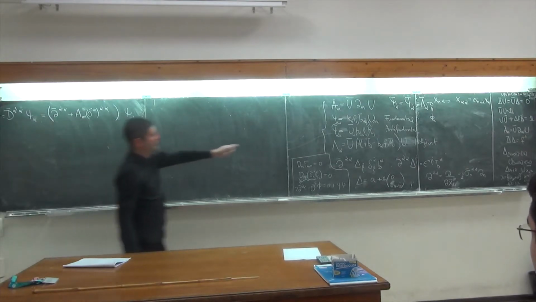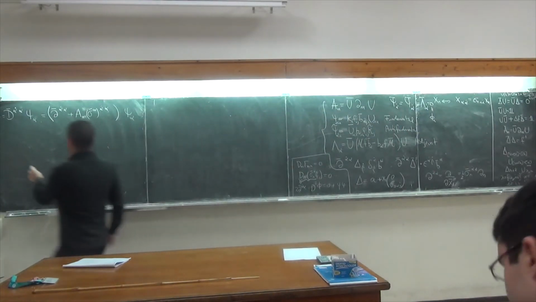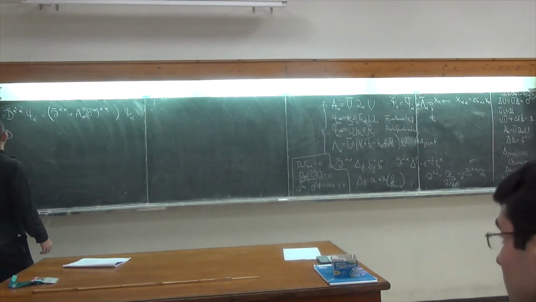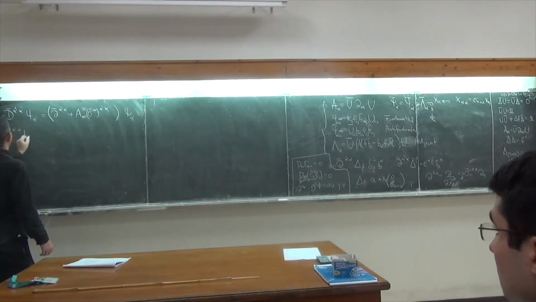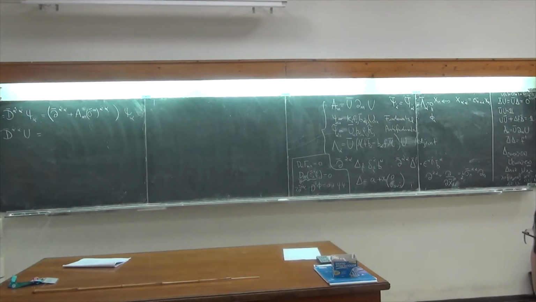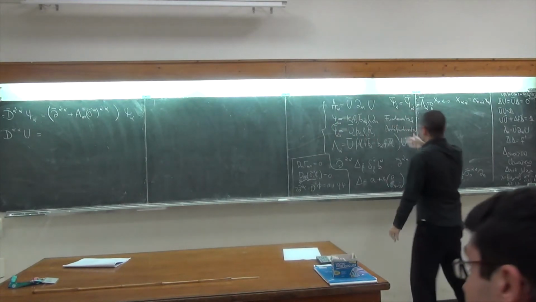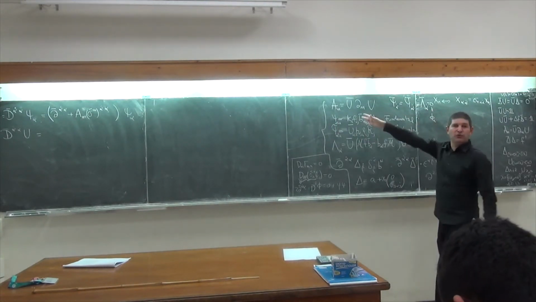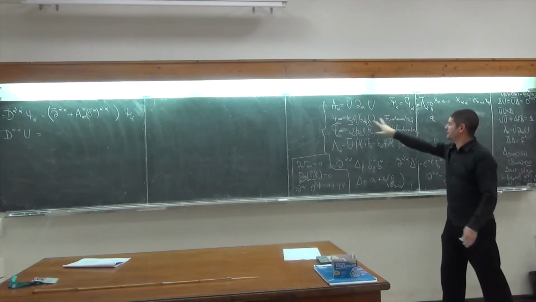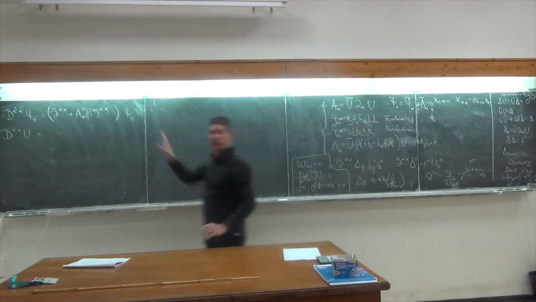Let's compute, for example, the covariant derivative of this object. Why do I do that? Because I will use this everywhere. Every time I find u, I will do just once the calculation of D bar of delta and D bar of delta bar, and then every time use this result.